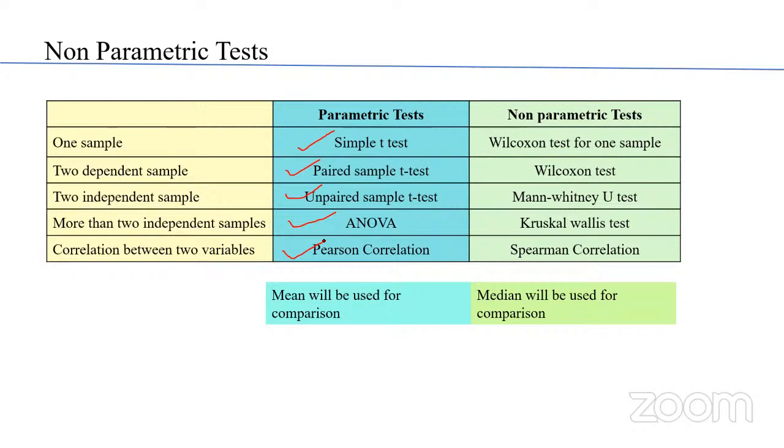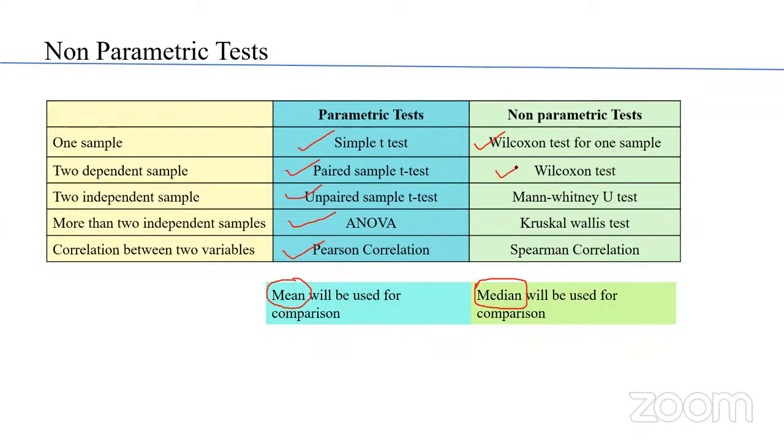As we have already seen, suppose the data is not normal, then ideally we will not check the aspect of the mean, we go for the median, because the median will be least affected by non-normality as well as outliers. So we prefer the median. Under such circumstances, we go for the Wilcoxon test if it is one sample.